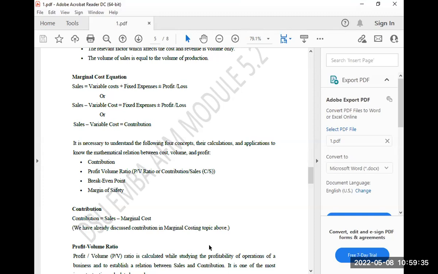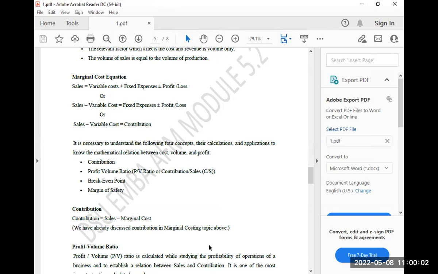Only one equation, but we are having many variants of it. Simple equation: profit is equal to sales minus variable cost minus fixed cost.